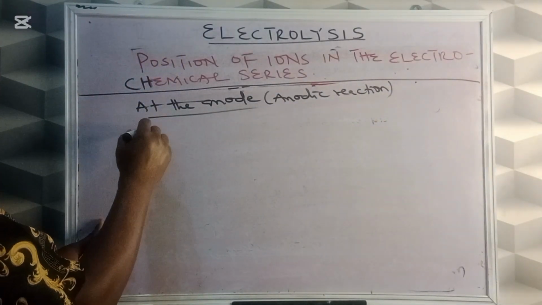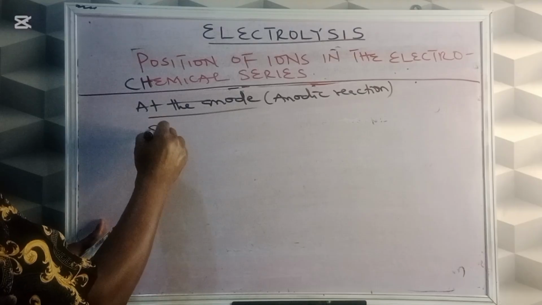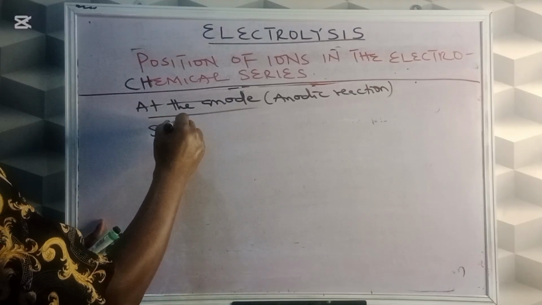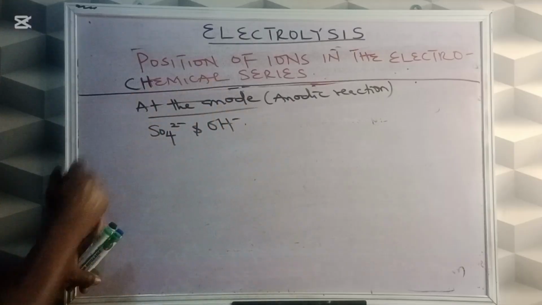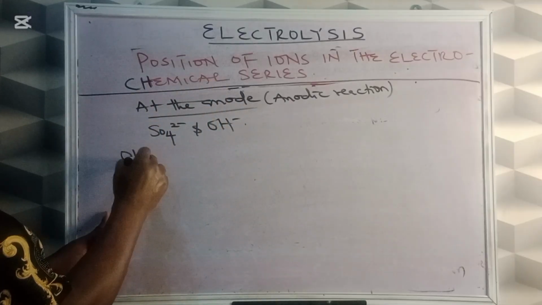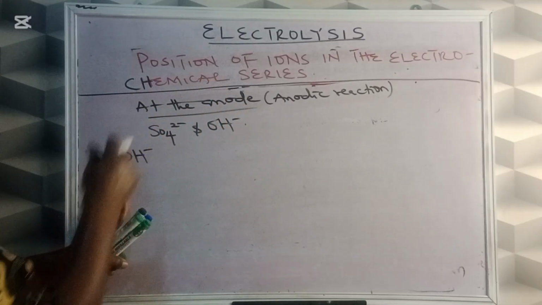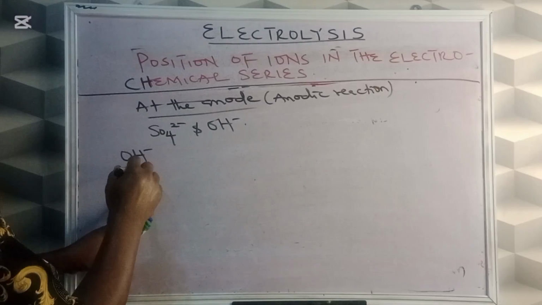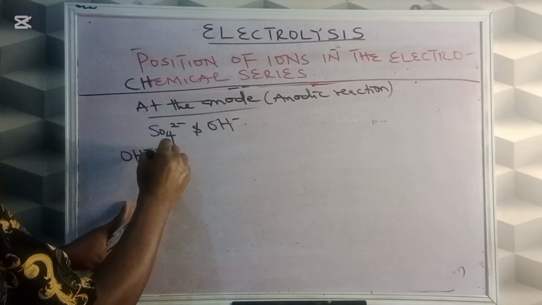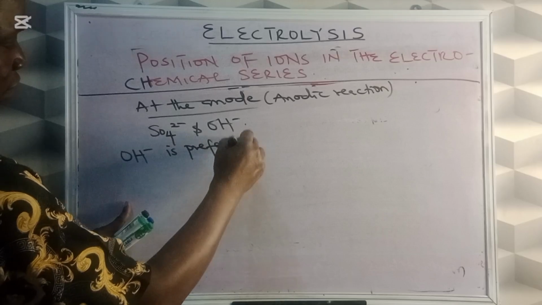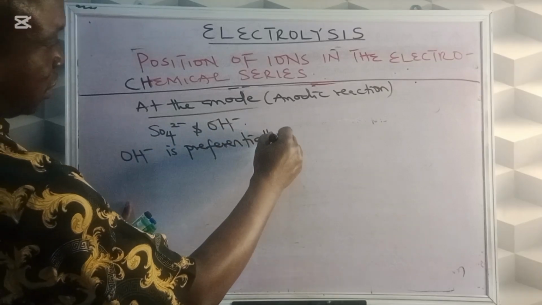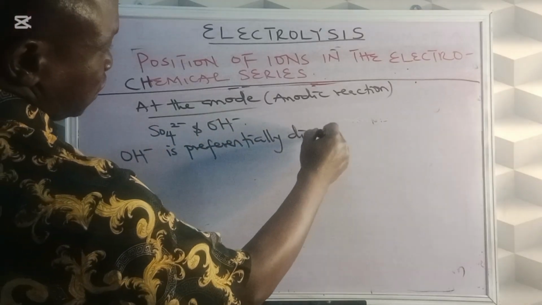What happened here? SO4 2- and OH- migrate to the anode, where OH-, which is below SO4 in the activity series, is preferentially discharged.